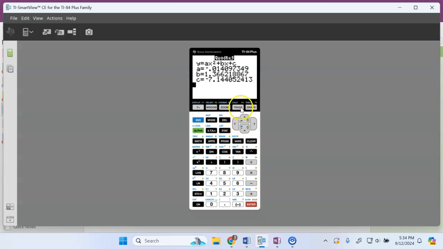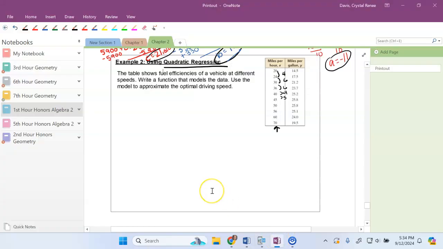All right. So here's your A, here's your B, here's your C. And remember, this is a quadratic function. So we would write this as y equals negative 0.014x squared plus 1.366x minus 7.144.